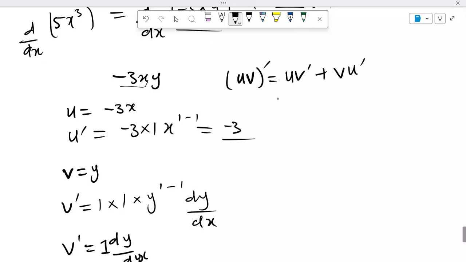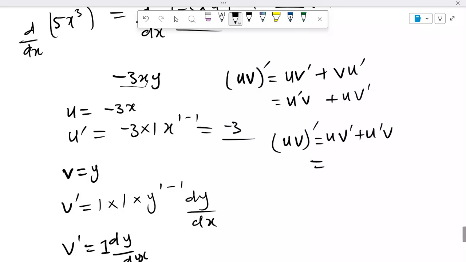If you want, you can start with u prime v plus u v prime. Anything you want, it's the same answer. So let's say u and v, these functions are multiplying, so we use u v prime plus u prime v.